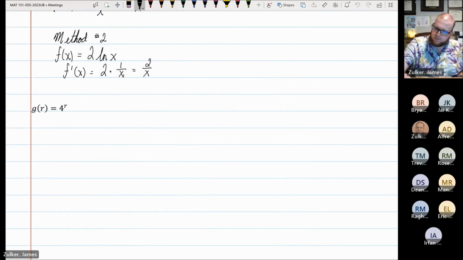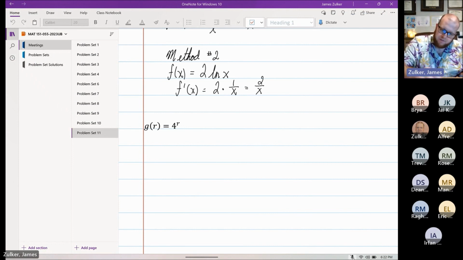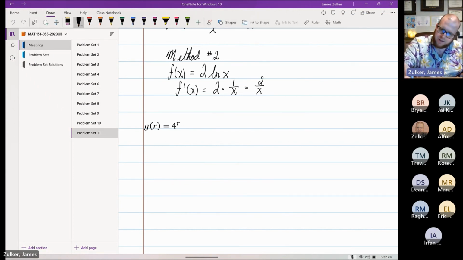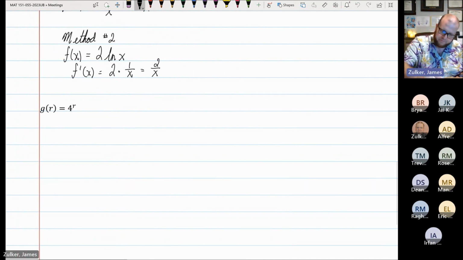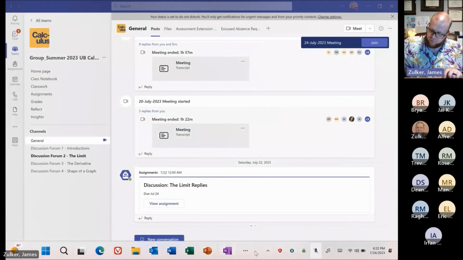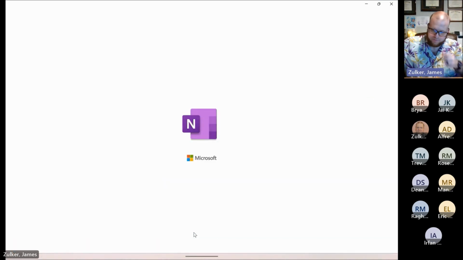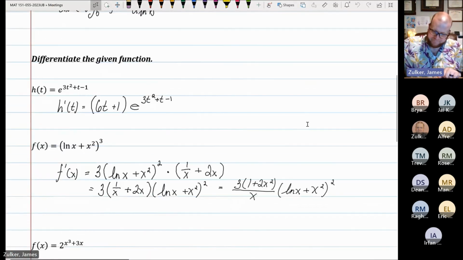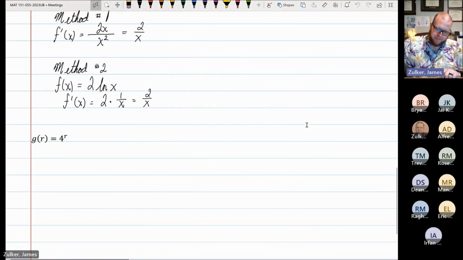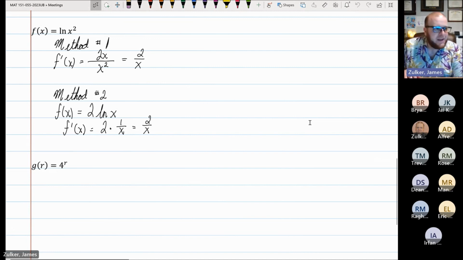Well, it's an exponential function that is not base e.